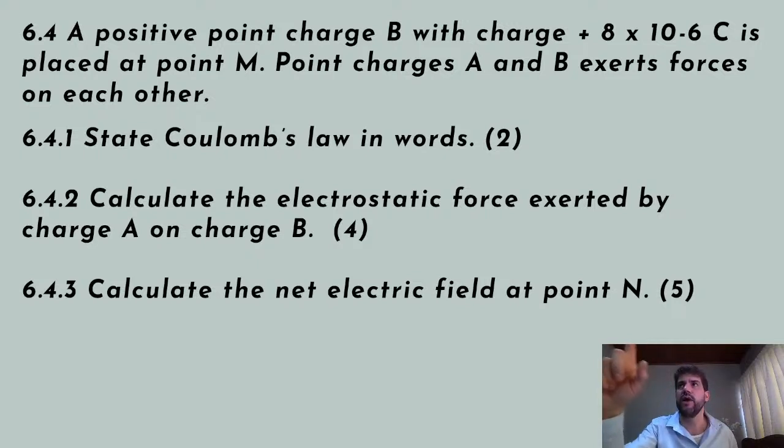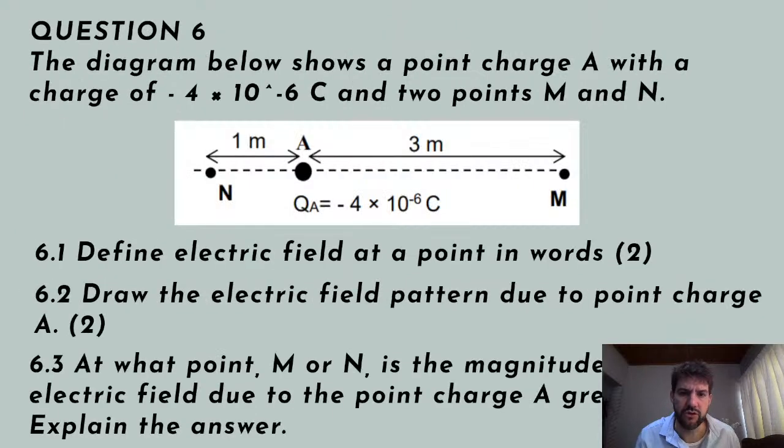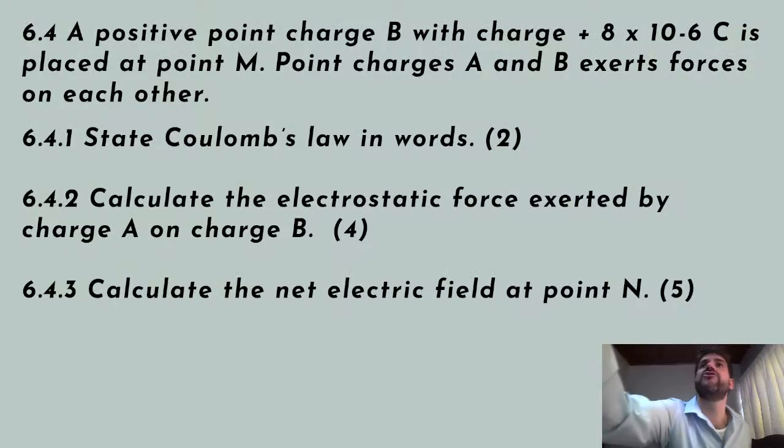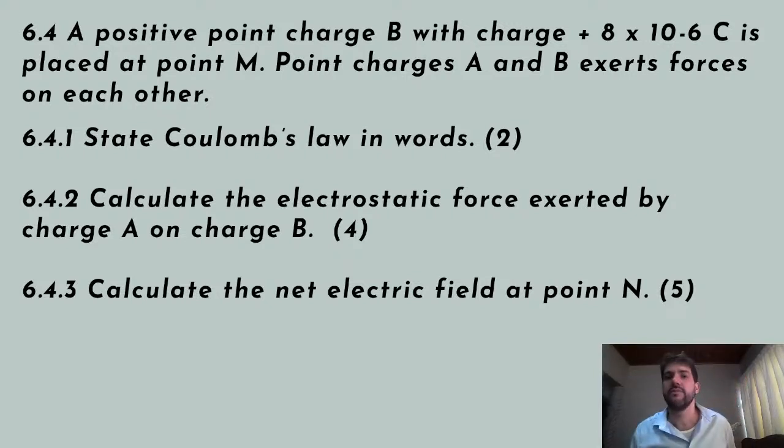Now at point N we have 2 charges interacting there. If we go to the question here, at this point you will have 2 charges, A and B, which is on that side there. Okay, so let me just quickly clean here so I can show you the drawing. Okay, so there we go.